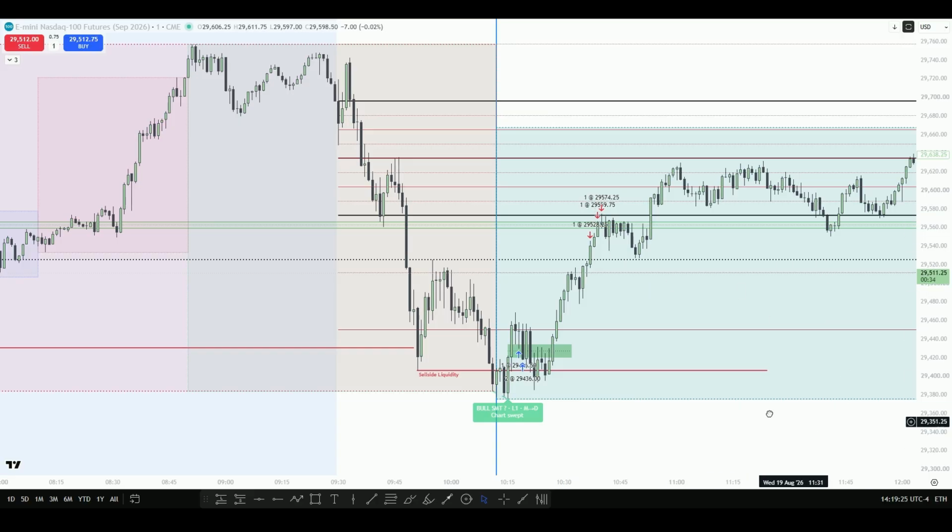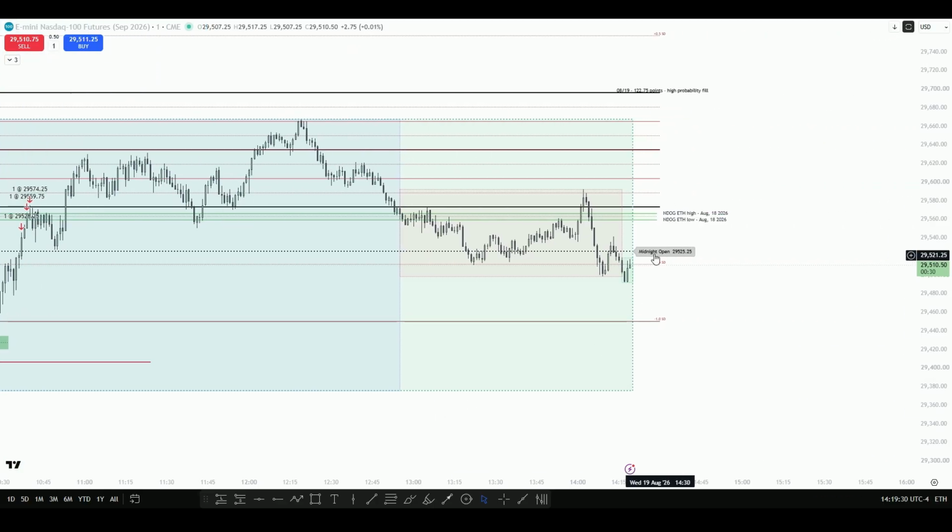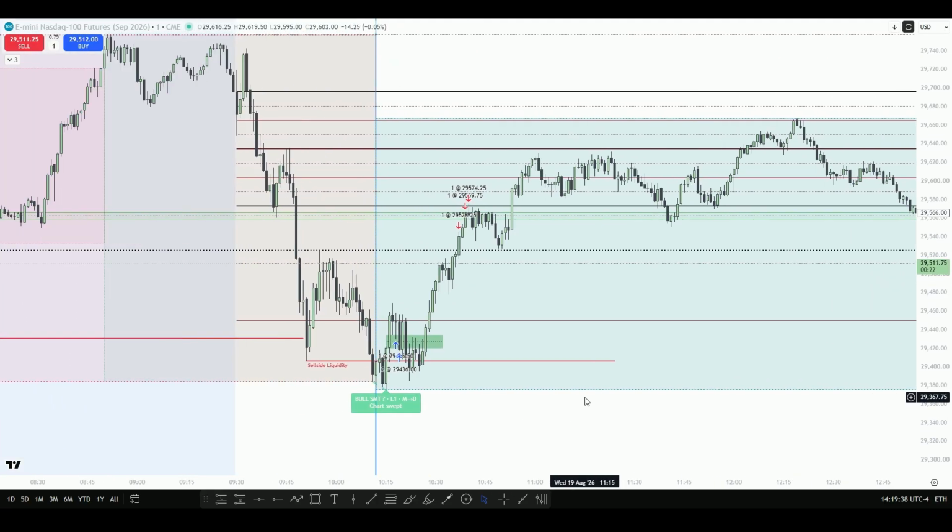Same with midnight open. This black dotted line here is midnight open. For those of you using the indicator, you're well familiar with that. And also we have already traded up to one standard deviation from the opening range gap. So the market is due a retracement at this point.